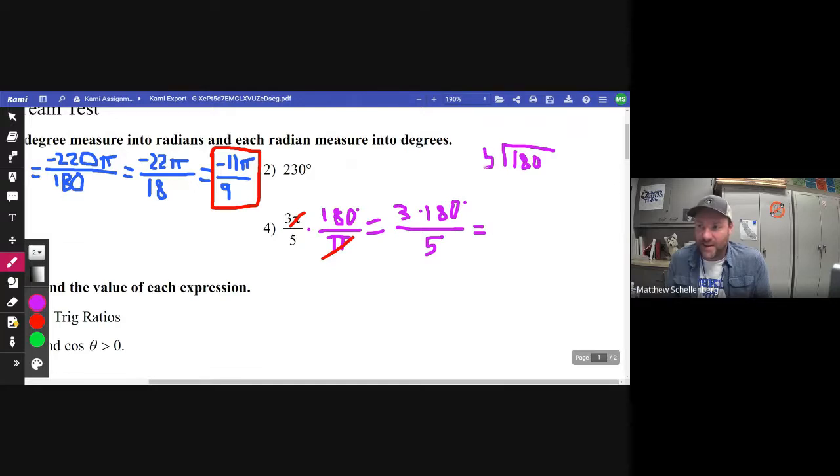If I divide this by 5, it goes into 18 3 times. 3 times 5 is 15. Subtract that from 18, and I get 3. Then I bring down the 0, and 30 divided by 5 is 6. 6 times 5 is 30, and that leaves me no remainder. So therefore, it is 36.